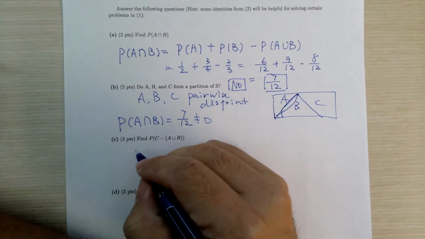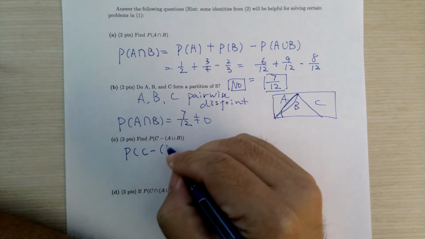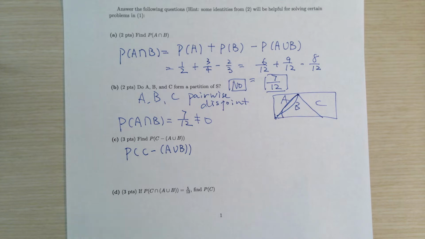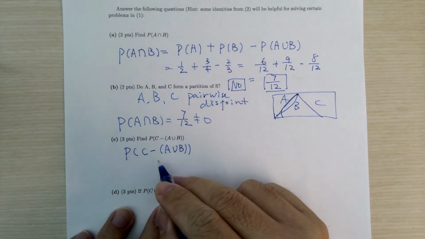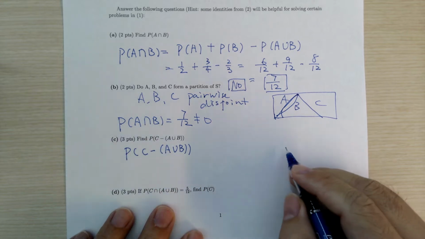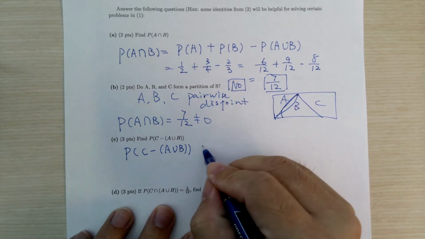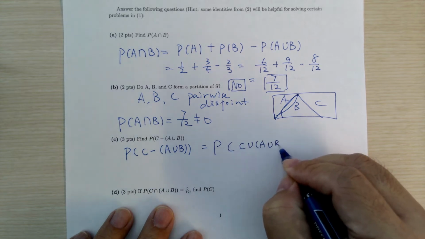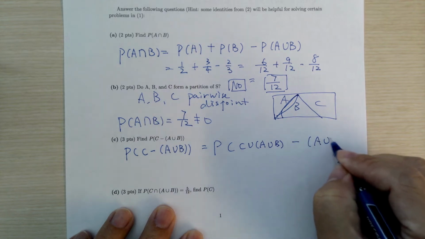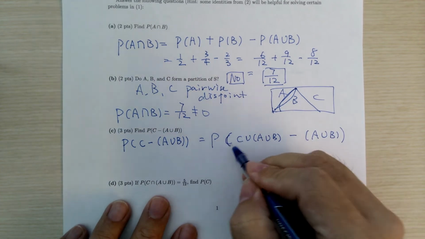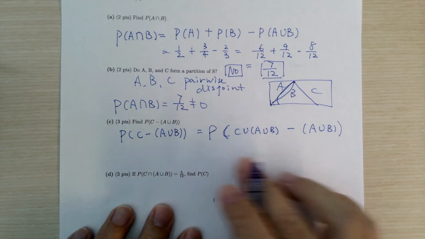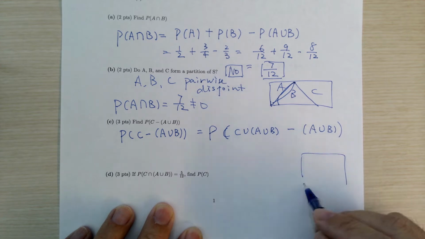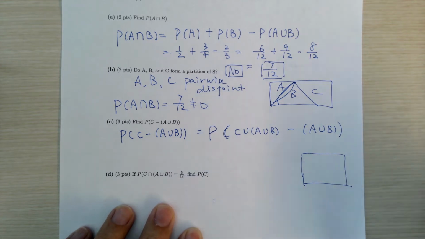Next, P(C minus A union B). One thing I want you to think about is that C minus (A union B) also equals (C union A union B) minus (A union B). And you can verify that part.